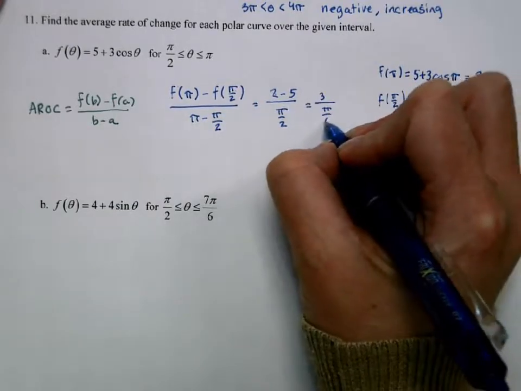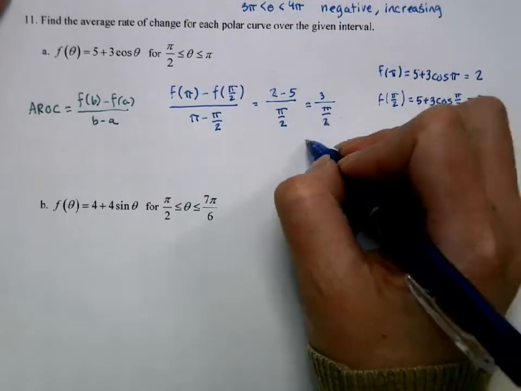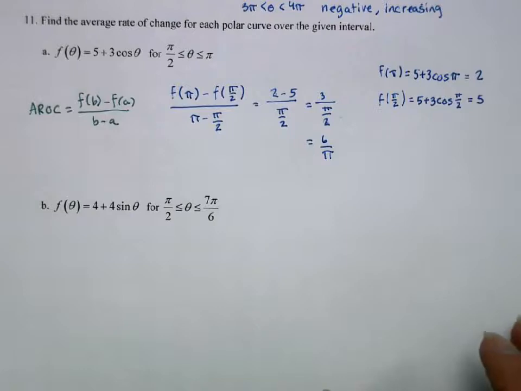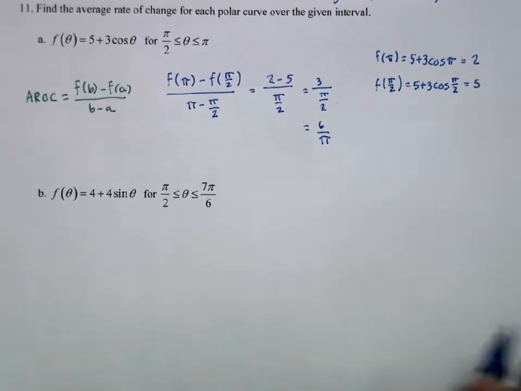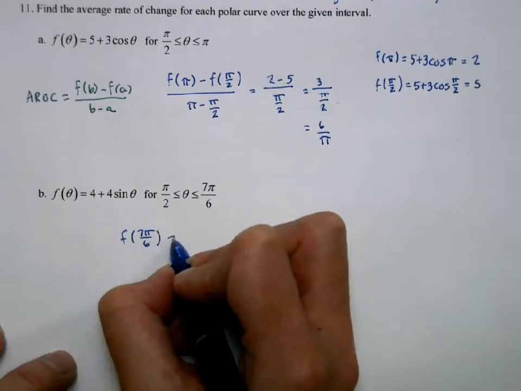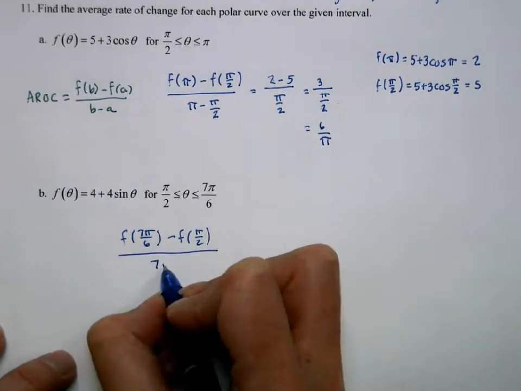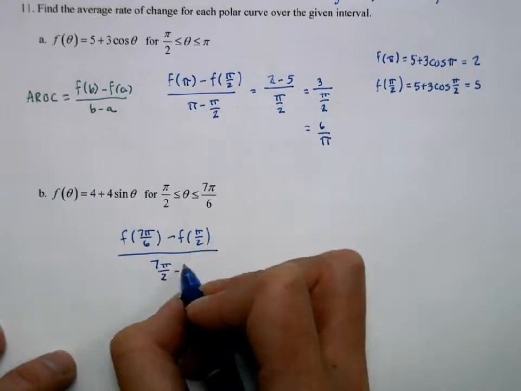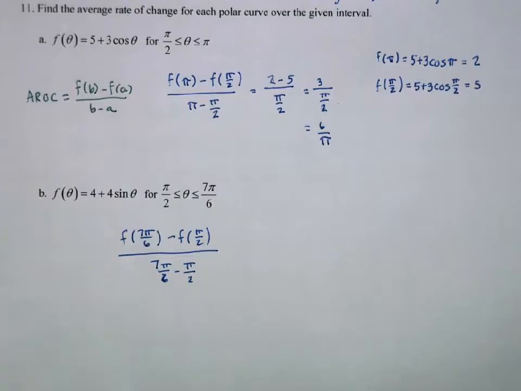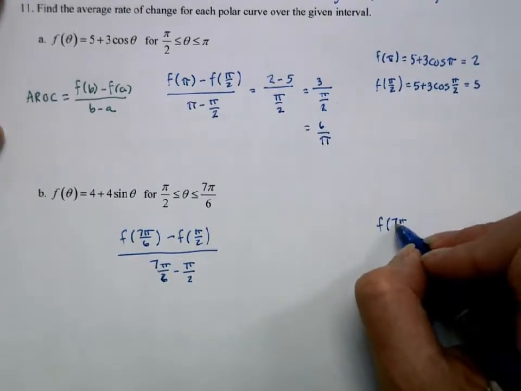So we've got one more to do. Same process though. This will be f of 7 pi over 6 minus f of pi over 2, over 7 pi over 6 minus pi over 2. So f of 7 pi over 6, we've got 4 plus 4 sine 7 pi over 6.